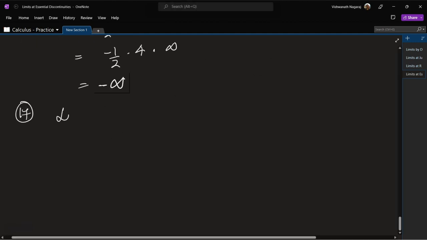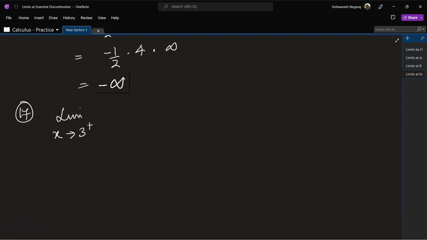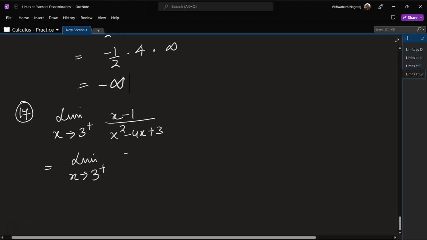17th one. Limit as x approaches 3 from the positive side of x minus 1 by x square minus 4x plus 3. Let's factorize this: x minus 3 and x minus 1.